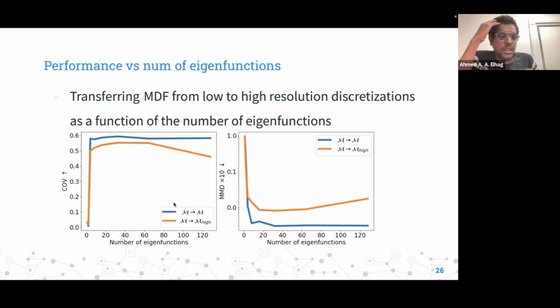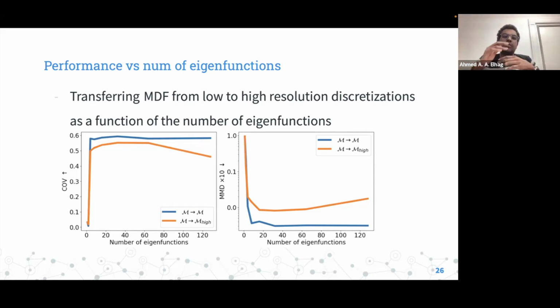The orange line is where you train on a low resolution mesh and test on a high resolution mesh. We know that the eigenvectors of the Laplacian have the property of preserving the structure of the manifold.